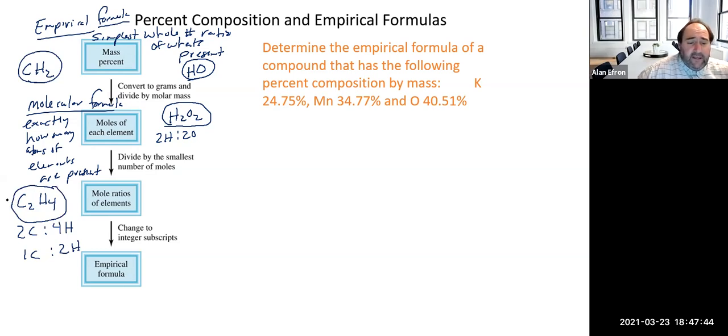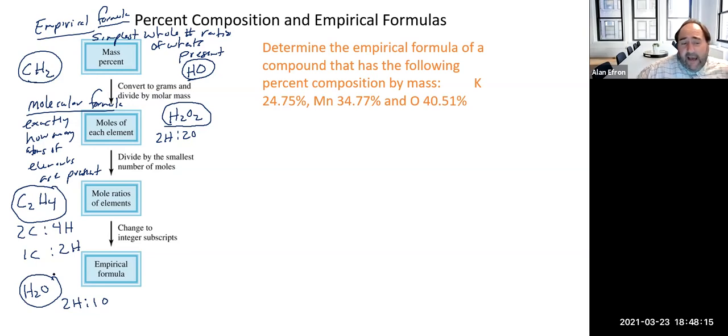It gives us the simplest whole number ratio of what's present. Now, when we calculate the empirical formula, sometimes it is the same as the molecular formula. If we have two hydrogens for every one oxygen in water, that is as simple as you could get. You can't reduce it down any more than that. So water, H2O, would be both the molecular formula and the empirical formula. So sometimes they're the same.